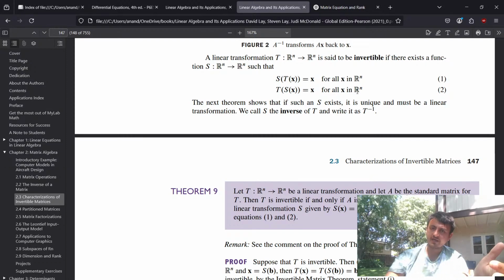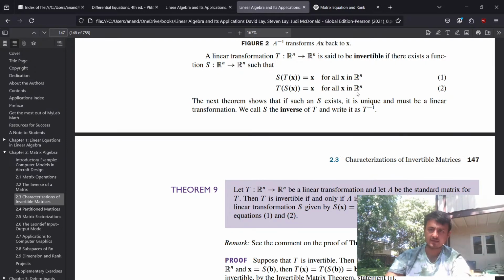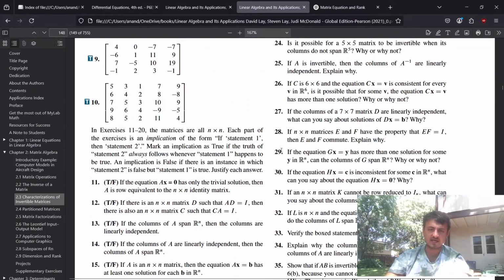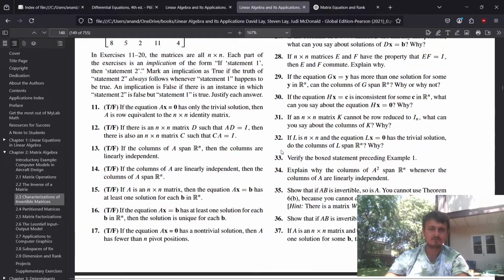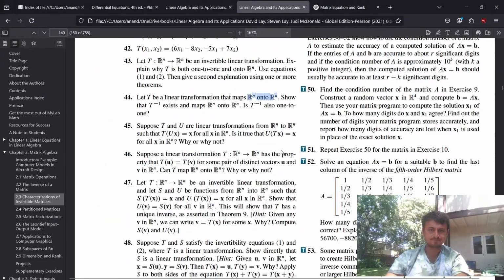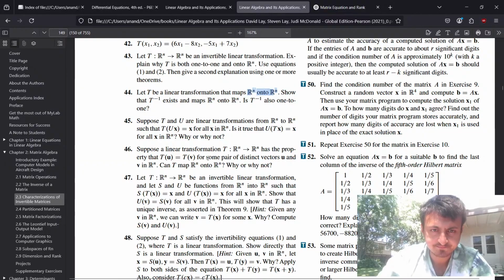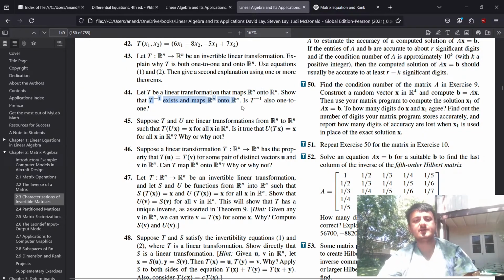And for all x in the codomain, which is, I guess, the same as the domain, if you know the inverse exists, then it has to be onto itself. Oh, but they're not saying that. They're saying T inverse exists and is onto.